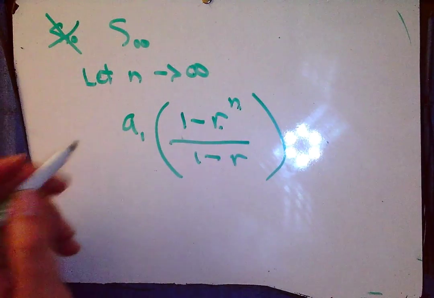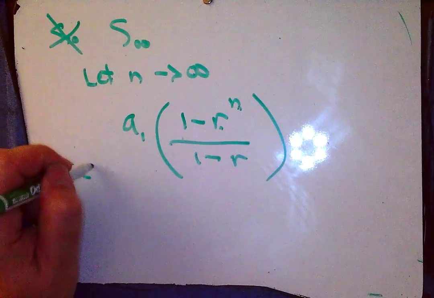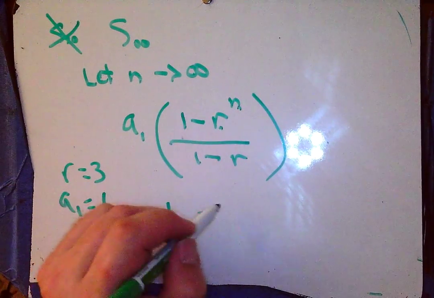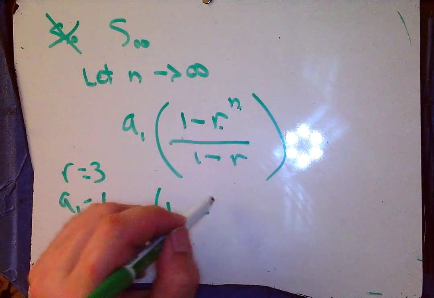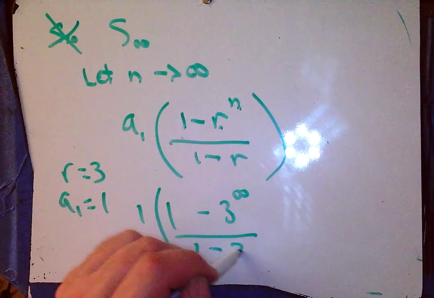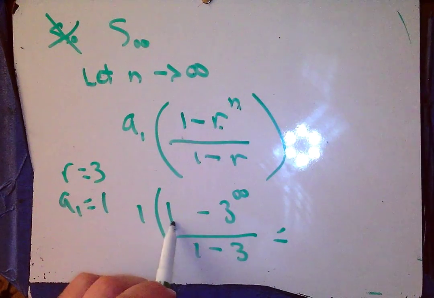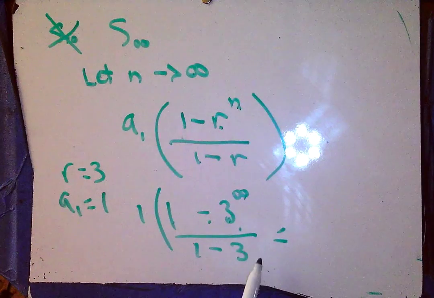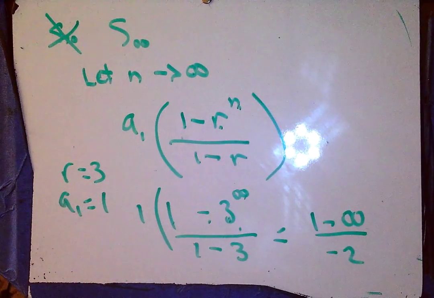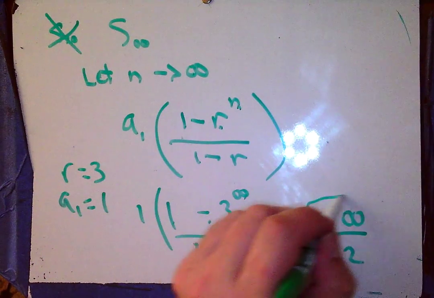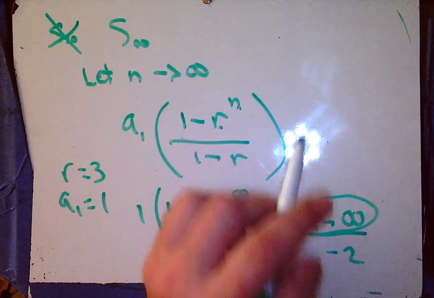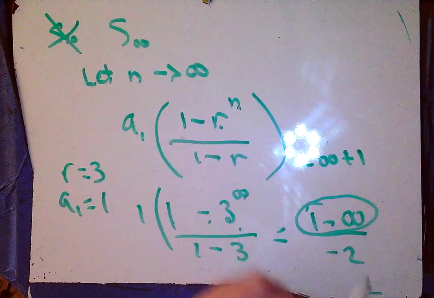So for example, if we have r equals 3 and a sub 1 equals 1. So 1 minus 3 to the infinity over 1 minus 3. Well, 3 to the infinity, that's infinity. So I have 1 minus infinity on top and negative 2 on the bottom. 1 minus infinity. You could also think of that as negative infinity plus 1.